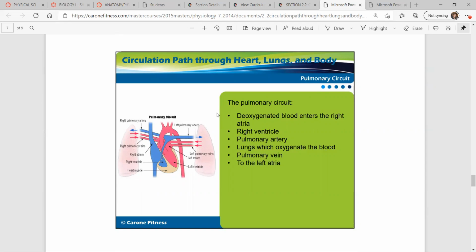Then it goes back through the pulmonary vein. So remember, arteries are away from the heart and veins are towards the heart. Pulmonary artery away to the lungs, gets oxygenated, and then goes to the pulmonary vein to get back to the heart, to the left atria.